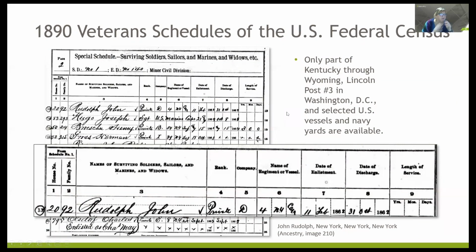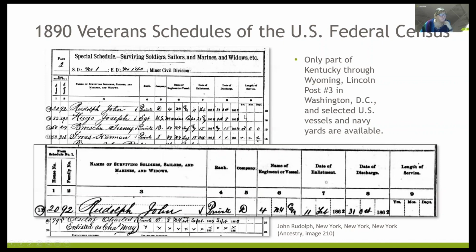We have 1890 veteran schedules from the U.S. federal census. Unfortunately, only part of Kentucky through Wyoming is available. Some of the records were lost. But the nice thing about these records too is that it's going to give you their military attachment.